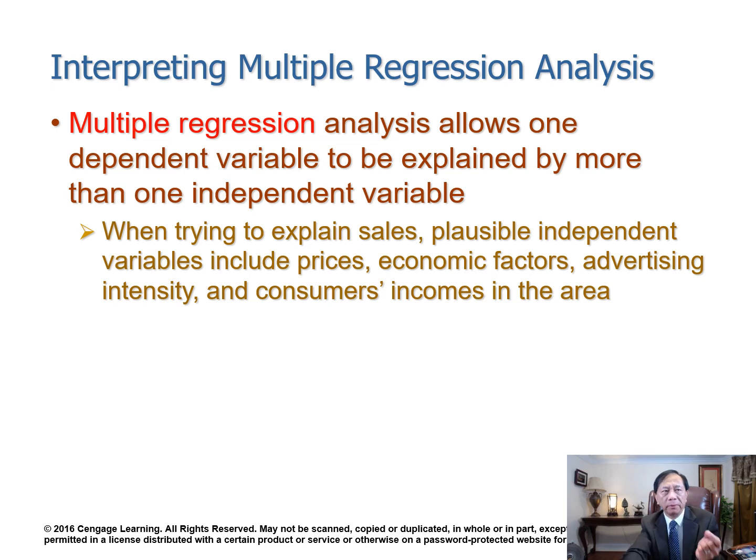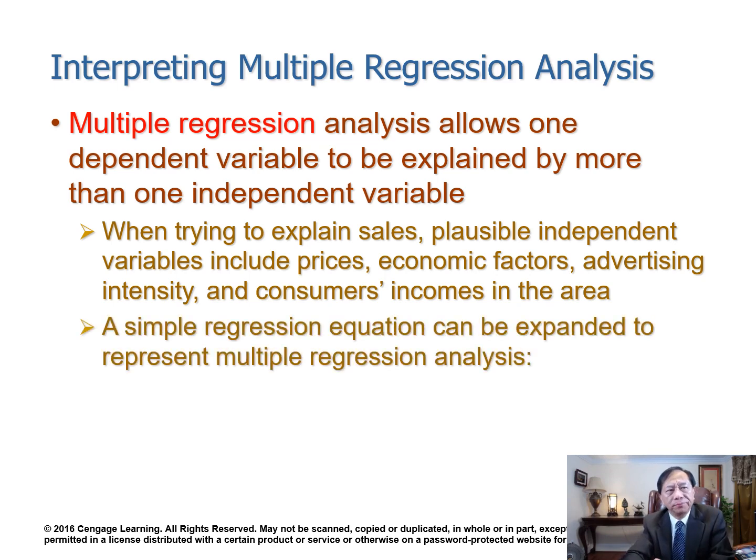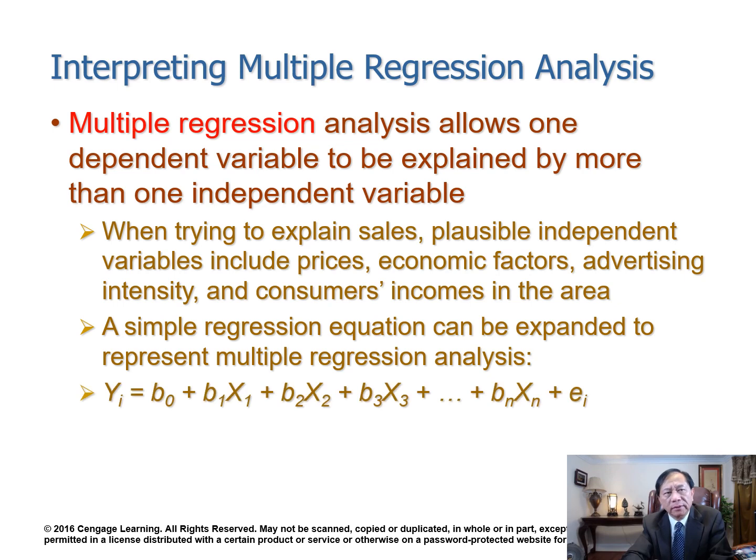Plausible independent variables may include the price of the products, economic factors, advertising intensity, and consumers' income in the area. So one dependent variable, sales, can be explained by several independent variables, and we can use multiple regression to represent that.